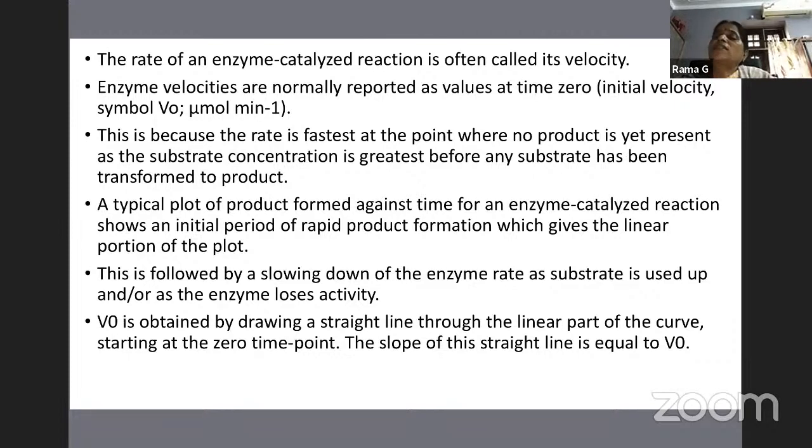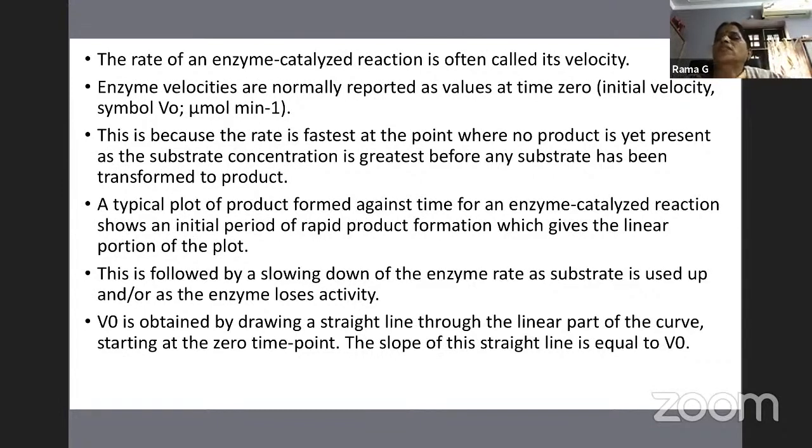And another reason is that the factors affecting this enzyme make it lose its activity. So there are various reasons for the reaction rate coming down. And V0 is obtained by drawing a straight line through the linear part of the curve, starting at the 0 time point.